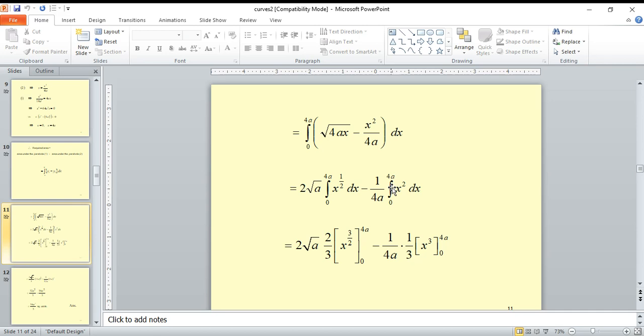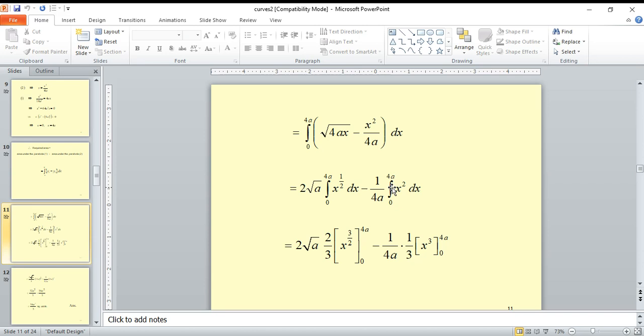From equation 2, y equal to x square by 4a. So y square equal to 4ax is the upper parabola and x square equal to 4ay is the lower curve. So first one is the upper curve, second one is the lower curve. From the first equation, y equal to under root of 4ax and second equation y equal to x square by 4a, dx.